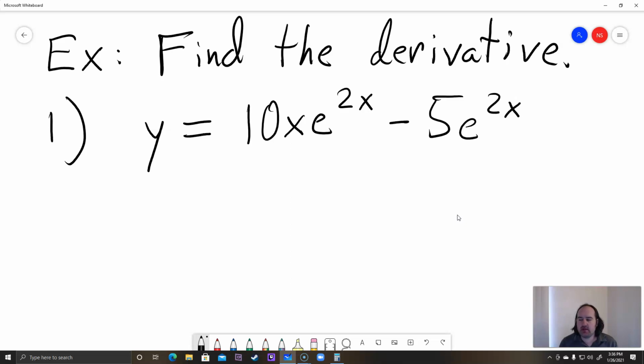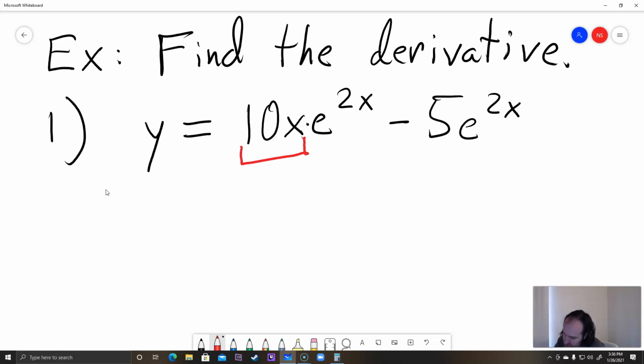So we have a few things going on here. First of all, this is a product because we have two separate functions of x multiplied together. Here we have 10x times e to the 2x, so there we're going to use the product rule.